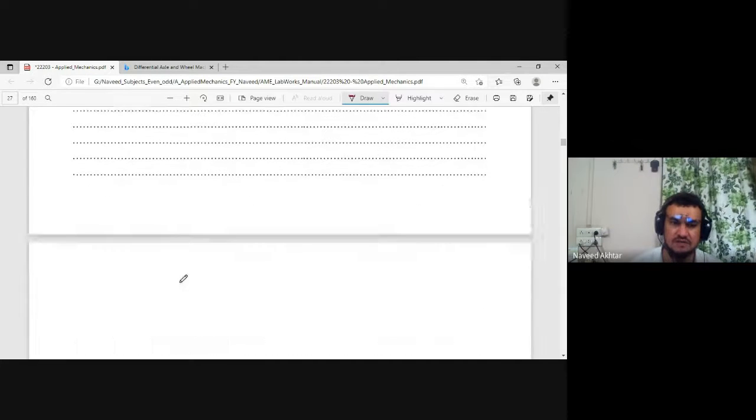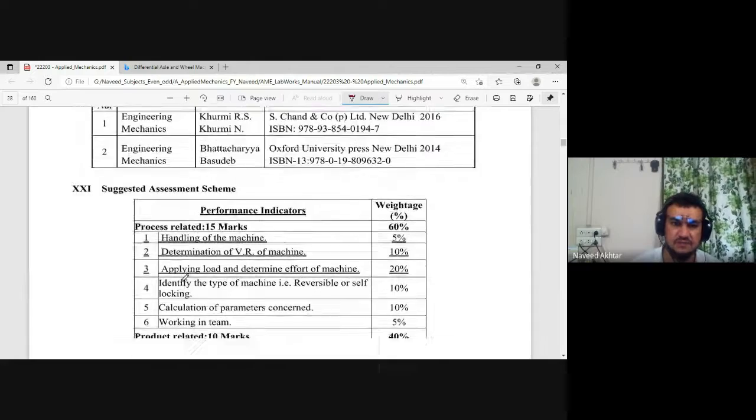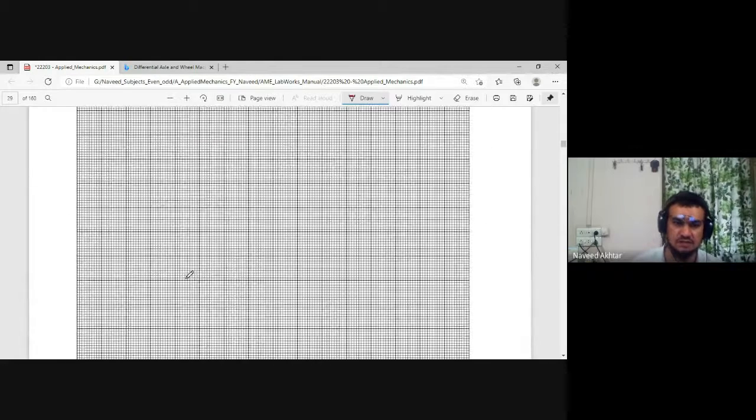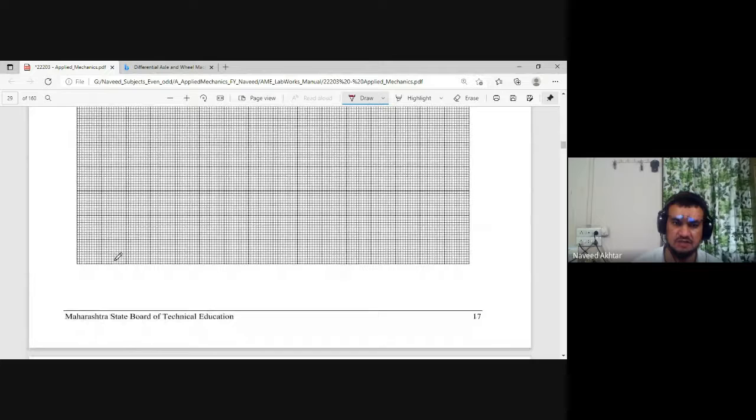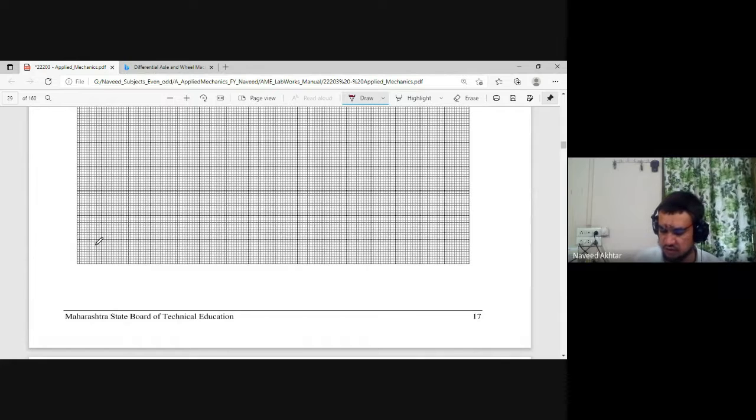You have to draw the graph based on the readings, and from the graph you can find out the slope and the constant c value.